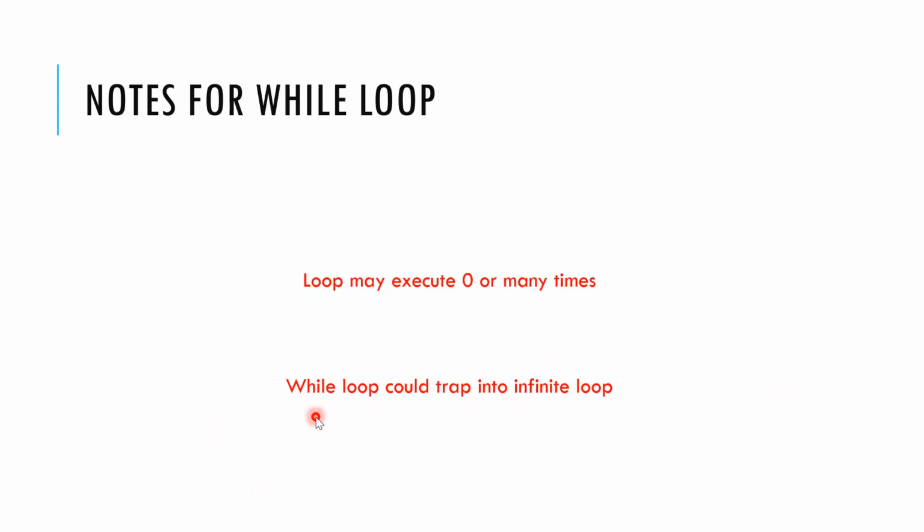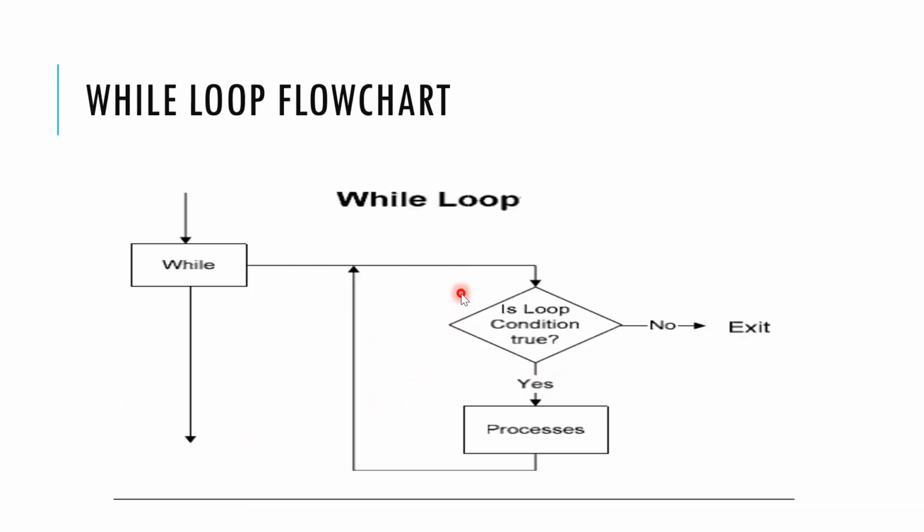So the notes for the while loop are: the while loop may execute 0 or many times. When will it execute 0 times? When the initial condition we set in the first place is set in a way that the loop condition is not true even at the start. Suppose we set x is equal to 11 and we set the condition to be x less than 10.